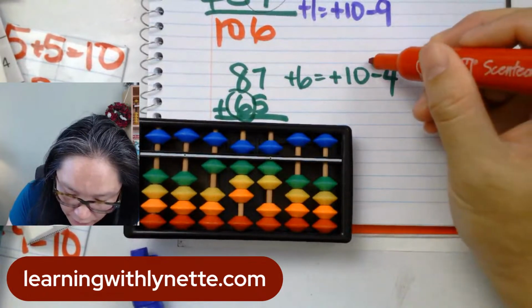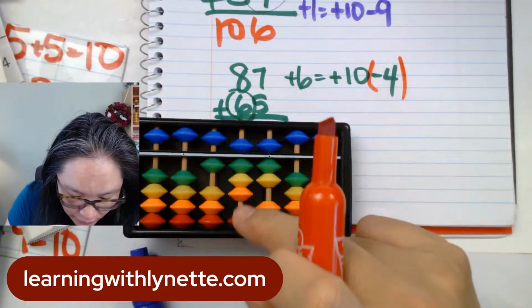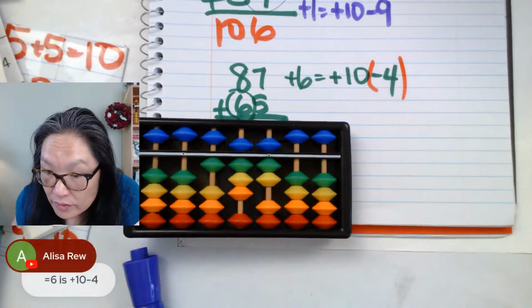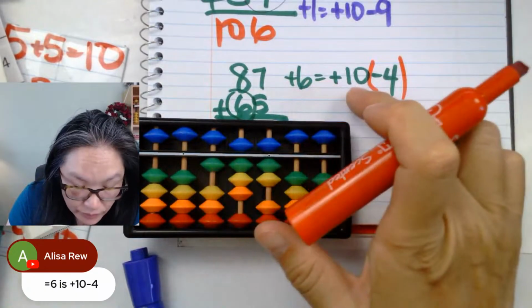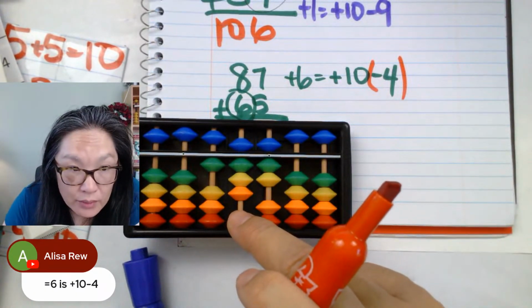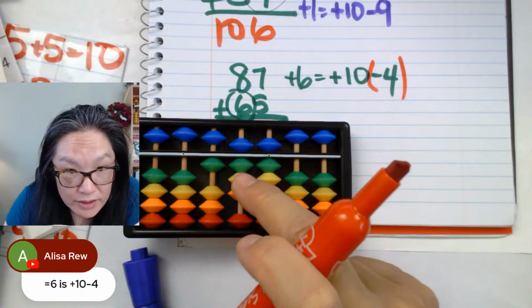I cannot minus the 4. I can't take away the 4. There's not enough beads to take away the 4. So then what do I do? Yes, thank you. So now we want to minus the 4. How do we take away the 4? We don't have enough beads to minus the 4.